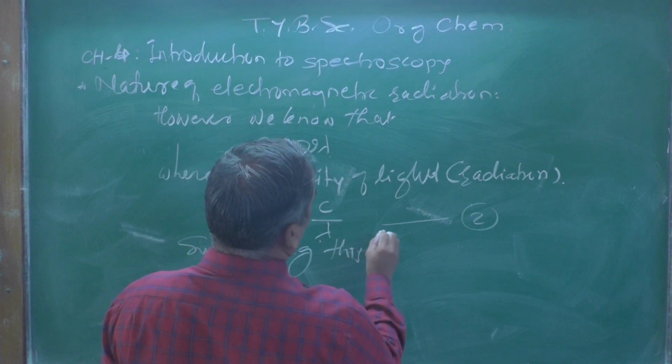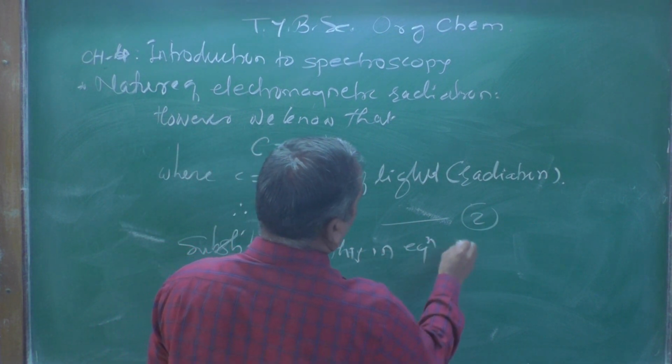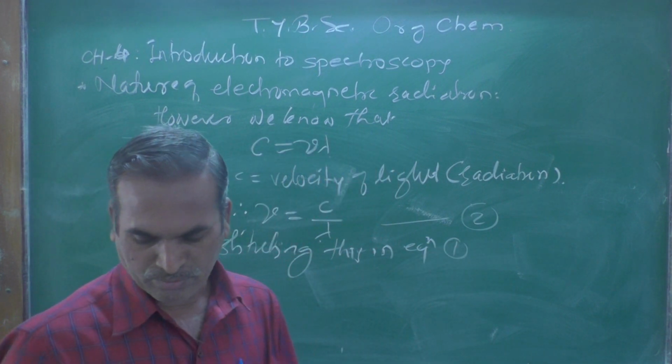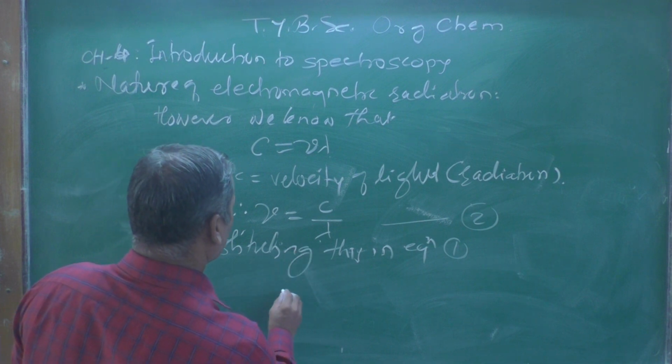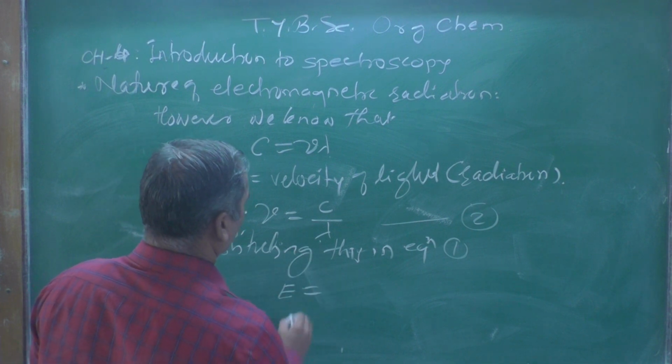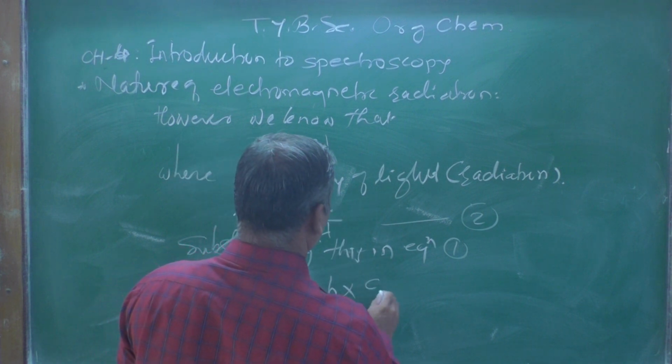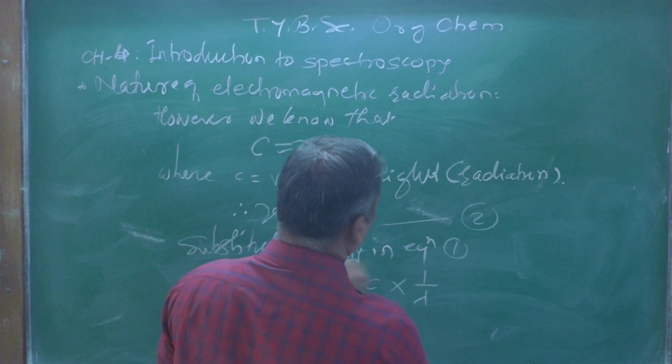We know that E is equal to h, the Planck constant, into C into 1 upon lambda.